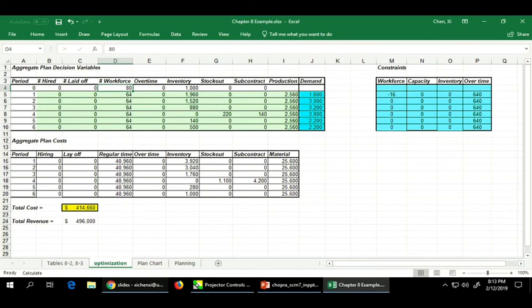And say starting workforce is 80 people. Right, we need to have a starting point. And the regular time cost is 640 times the number of workers. Overtime cost, inventory cost is the corresponding cost times the corresponding cell in here. Okay, so then the total cost is the sum of all these costs. Right, this sums up all the different categories of cost over 6 periods.